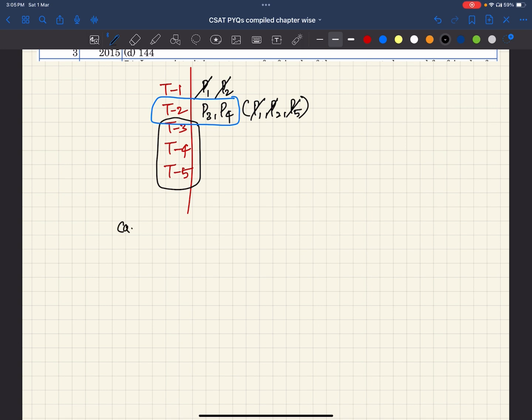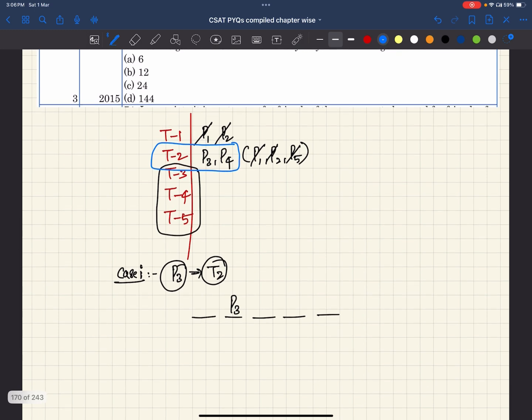I'll take case 1. That is, I have to assign P3 to task 2. See, 1, 2, 3, 4, 5. For task 2, I fixed P3. Now what happens? Task 1 can take P3, P4, P5.